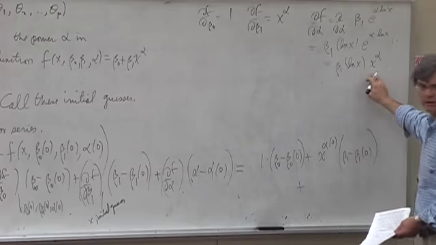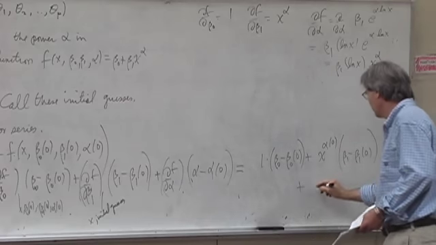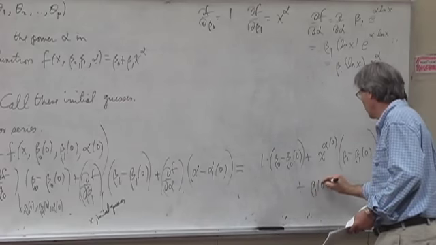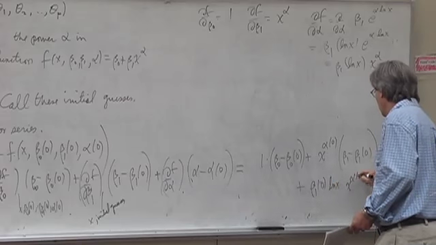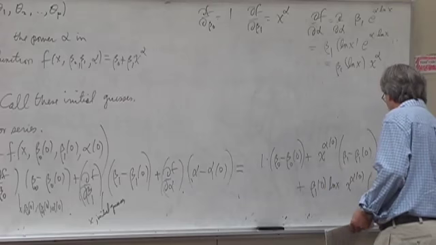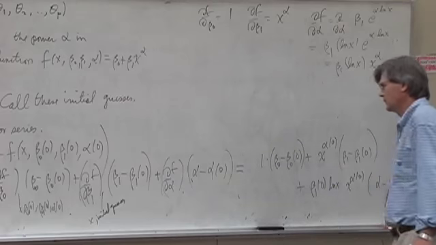This is all going to be plugged in at the initial. So this is plus beta 1 naught log x, x to the alpha naught, and then times alpha minus alpha naught. Okay.